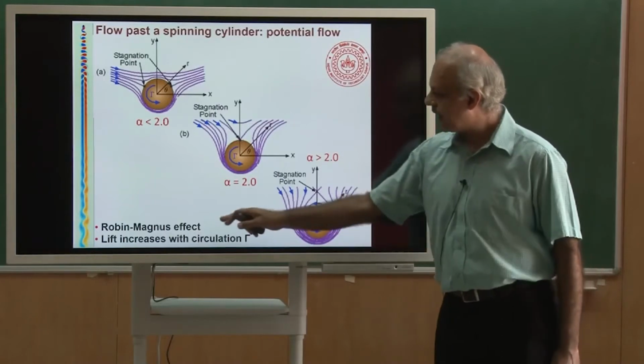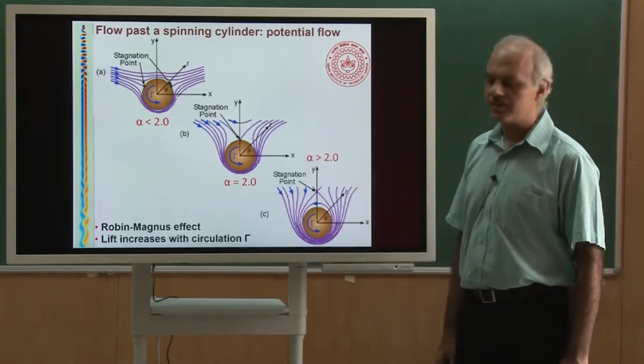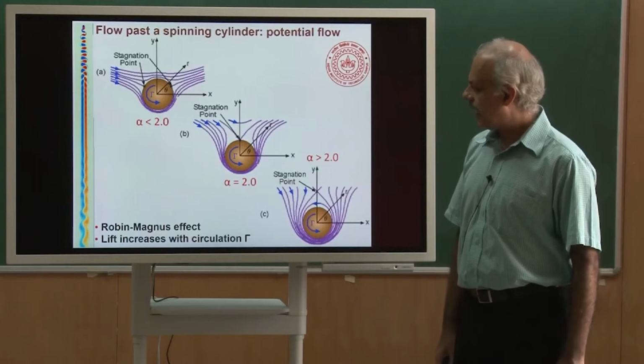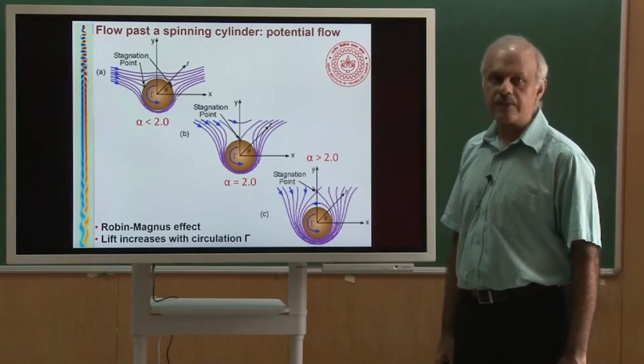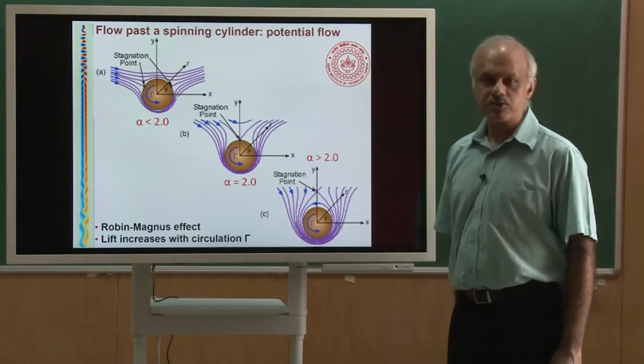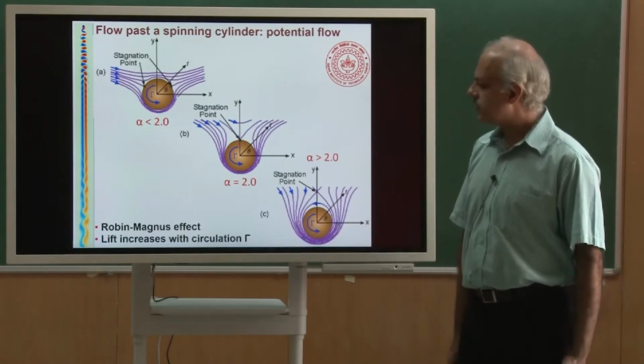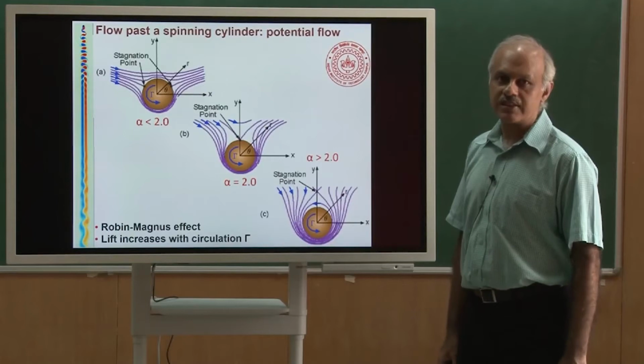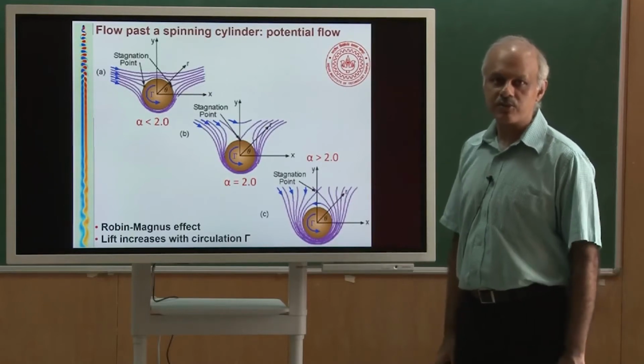This is called the Robbins-Magnus effect, as we just discussed, and the lift is rho u times gamma, where gamma is the circulation. So, lift is directly proportional to circulation. If you increase the circulation, the lift also increases. So, that is the potential flow.